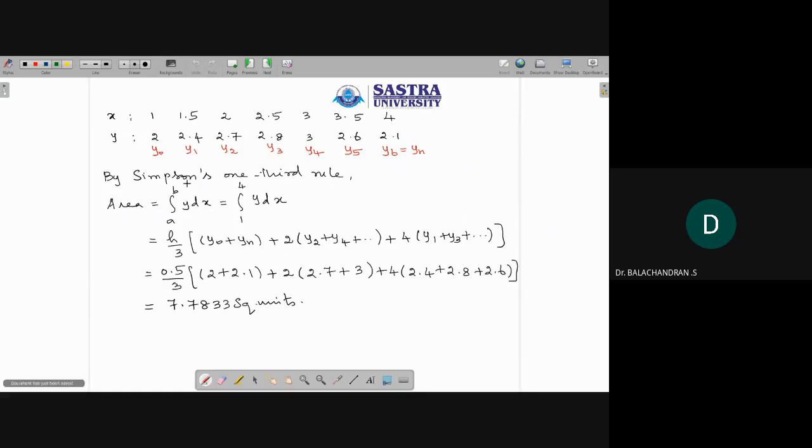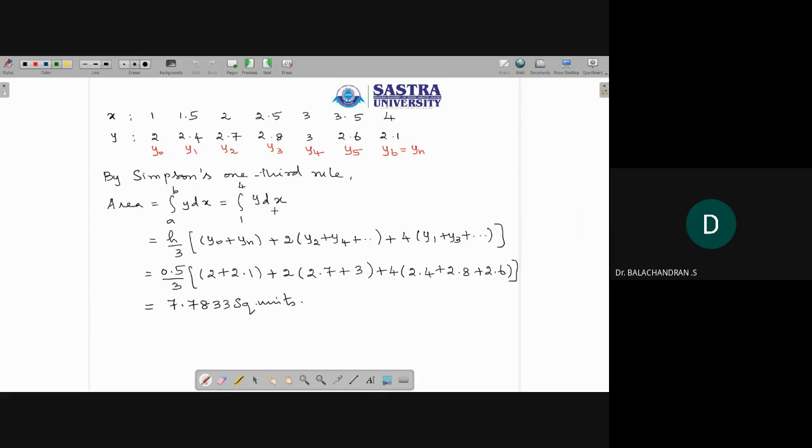Now by using Simpson's 1/3 rule, area equals integral a to b of y dx, where a is 1 and b is 4.